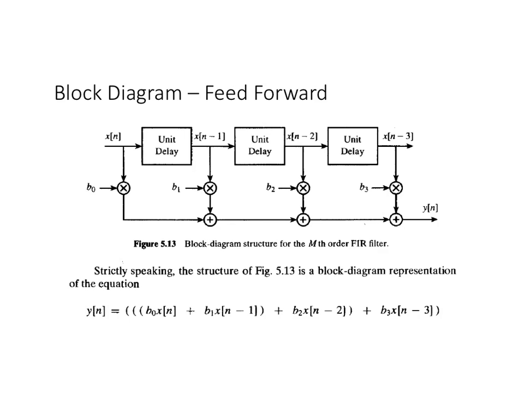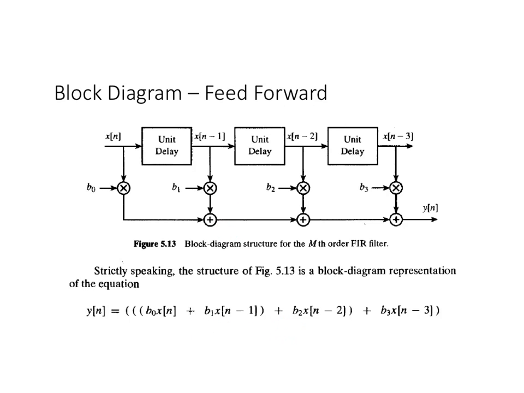So the equation that this block diagram represents is written down here. This term, b sub 0 times x of n, is this part coming down here, and it gets added together with the output of the first delay, x of n minus 1, multiplied by b sub 1. That's this line coming down here, and that addition is that addition right there.